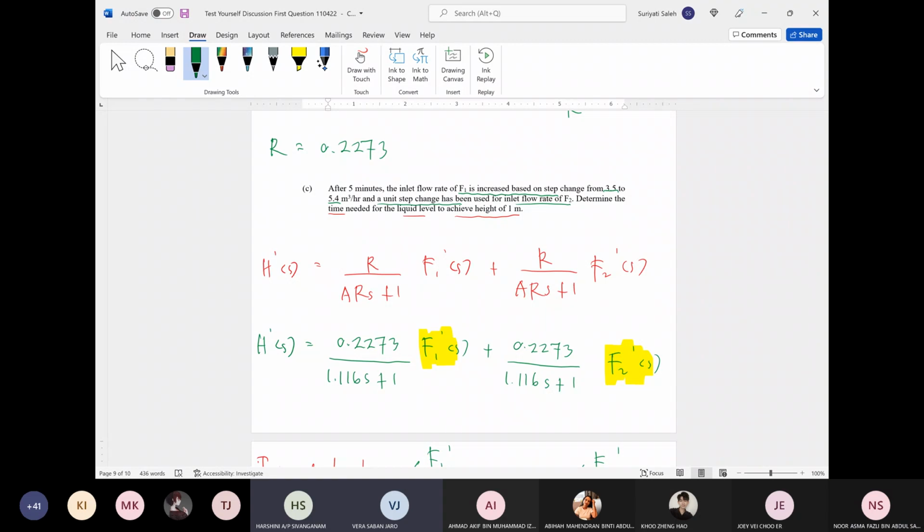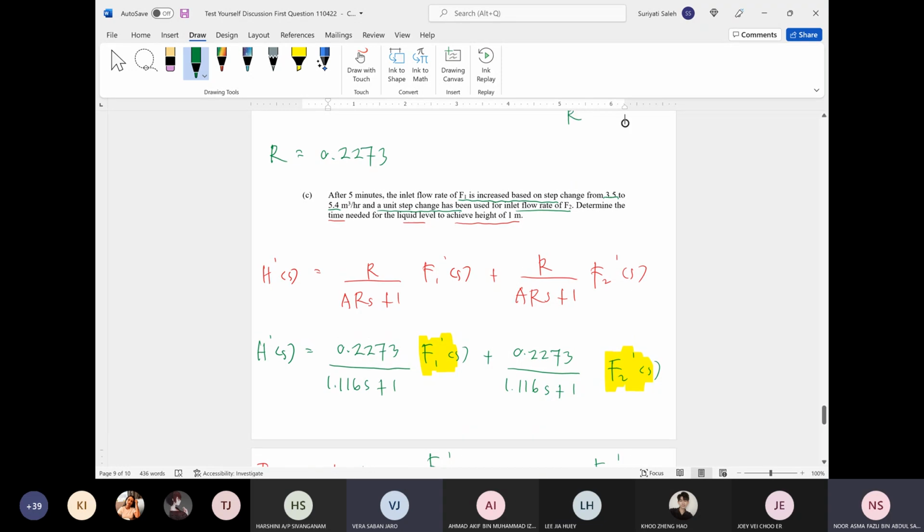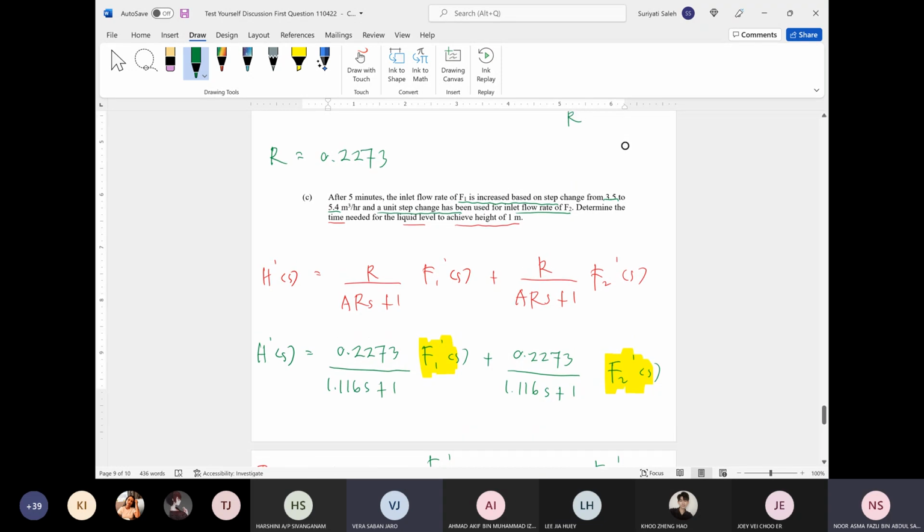Because when we calculate the H prime S, the other side we got 1 over S, so we can use the 1, right? That is not correct. That one is like the assumption. Is it because the question said unit step? And why does it become 1? This is the thing that sometimes we need to be very careful when reading the instruction.